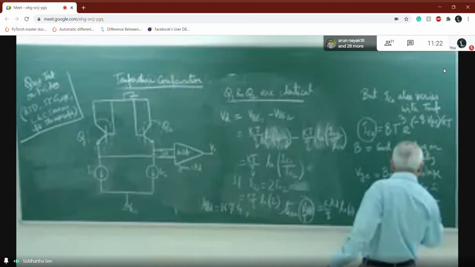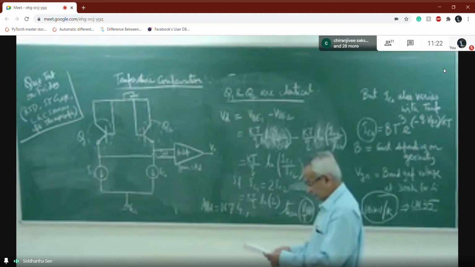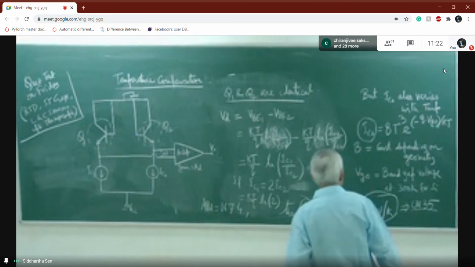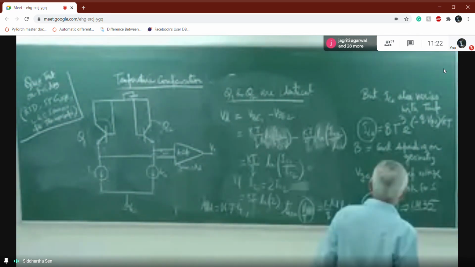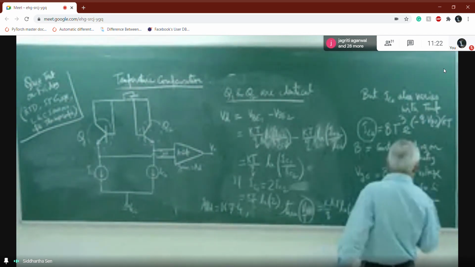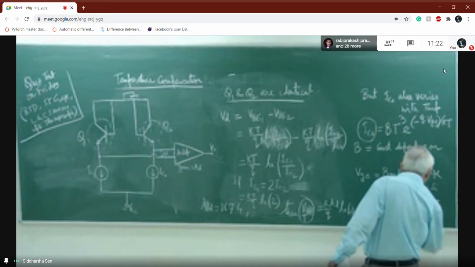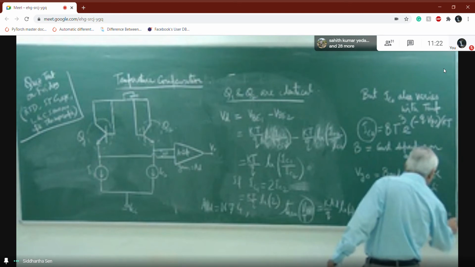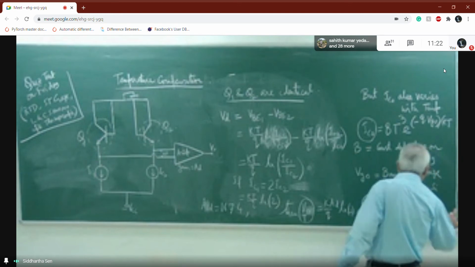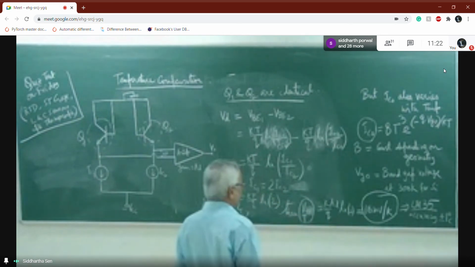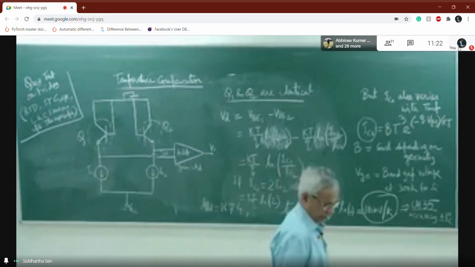You can see the LM35 is an IC temperature sensor, which has 10 millivolt per Kelvin, and the accuracy is plus minus 1 degree Celsius, which is quite good. You can go with it, and this accuracy is constant.